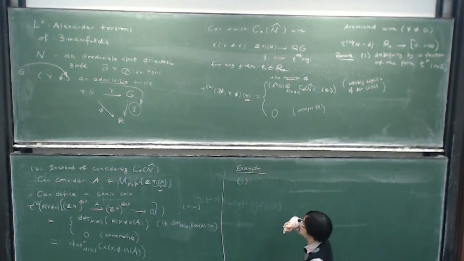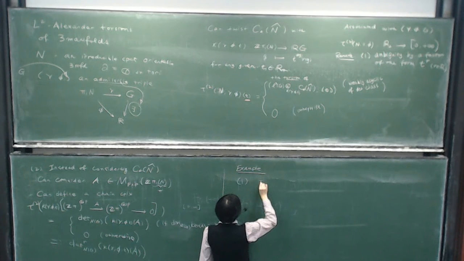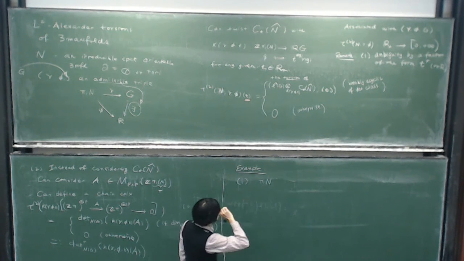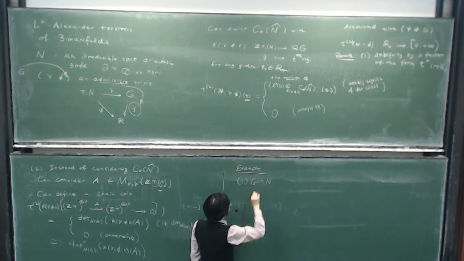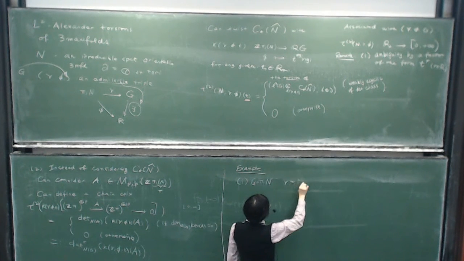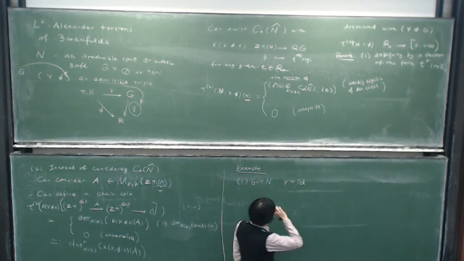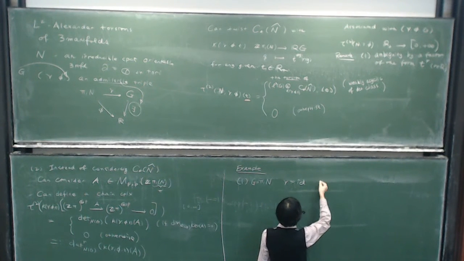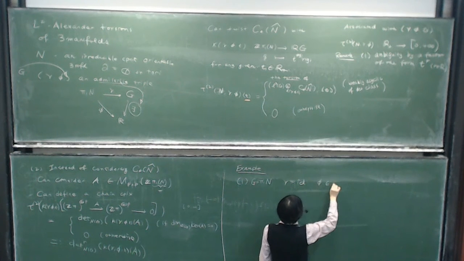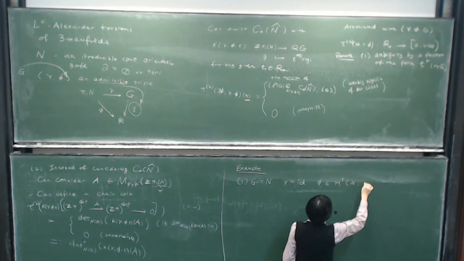Okay, so the first example, the one that we're most interested in, would be that your group G is the same group as pi1 of N, and your gamma is the identity map of pi1 of N itself, and phi can be whatever class inside.